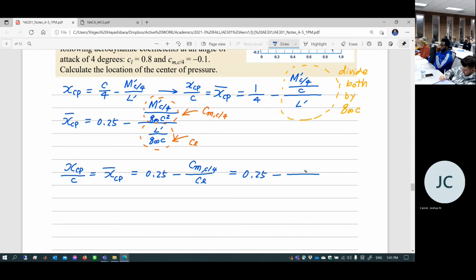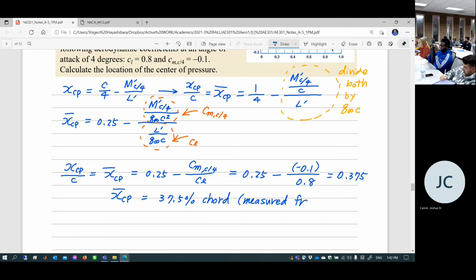CM quarter chord is minus 0.1 and the lift coefficient is 0.8, which gives 0.375. So XCP bar for this case is 37.5% chord, measured from the leading edge.